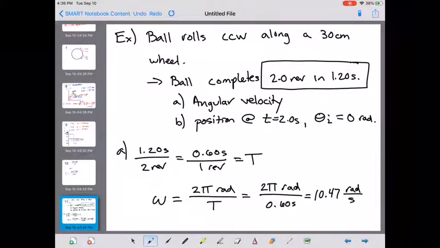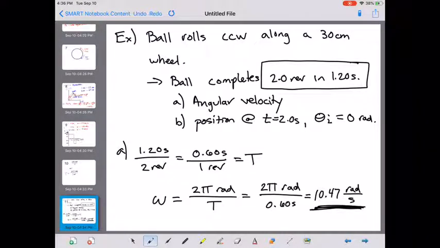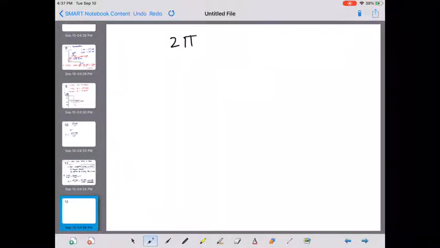All right, so let's talk about what this means. 10.47 radians in 1 second, because it's a little bit hard to conceptualize what 10.47 radians is. So let's remember that 2 pi radians is equal to 1 revolution.